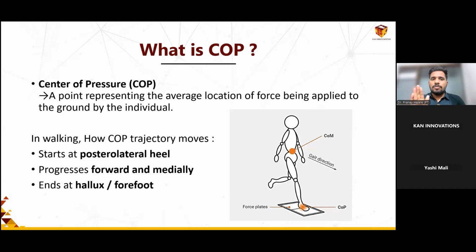Then in mid stance it moves anterior to the midfoot. Then in terminal stance it goes to the medial forefoot region. And during toe off, it goes to the great toe, the hallux region. So it makes a smooth S-shaped progression on your foot when you walk. This is symmetrical between both limbs. This progression reflects how effectively loading is transferred through the foot.